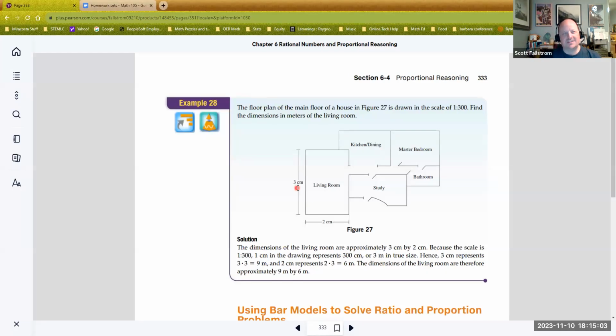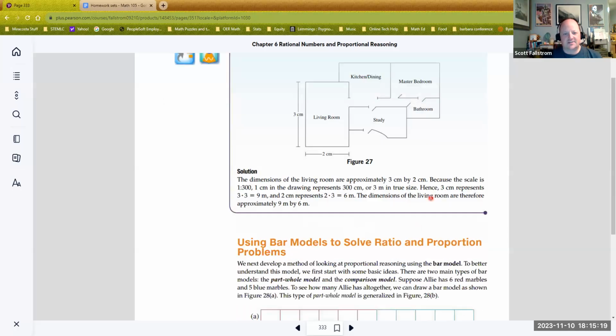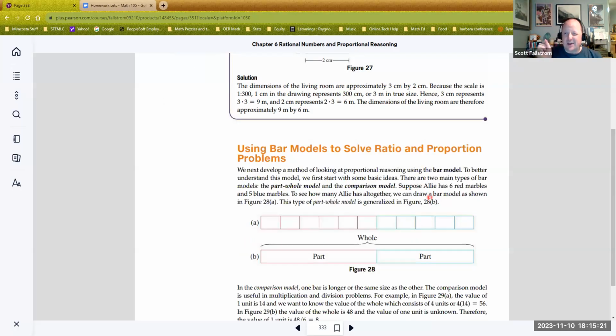Okay, 900 centimeters. If you kind of can do the conversions, that would be 9 meters or about 30 feet. So this is about 30 feet right here. And then this one would be about 20 feet, roughly, just estimating. Okay, so that's the idea of scaling things up. Again, when they give you that scale ratio, they're giving you a constant of proportionality.